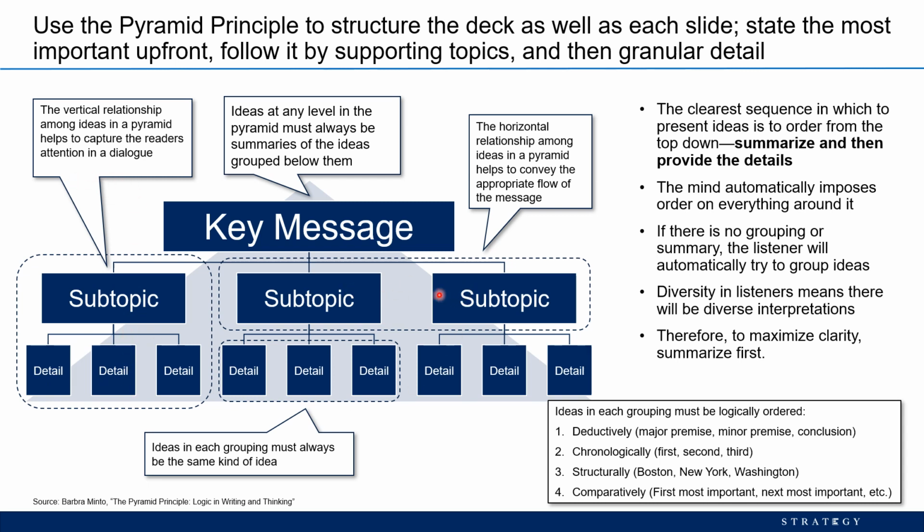If I want to learn more about the horizontal relationships, I'd read this callout. This tells me what the key message is, and I can go into more detail about that. Then additionally, if I even want to go into more detail about what the pyramid principle is, I can look over at these key takeaway text bullet points, and it will further tell me what the pyramid principle is.